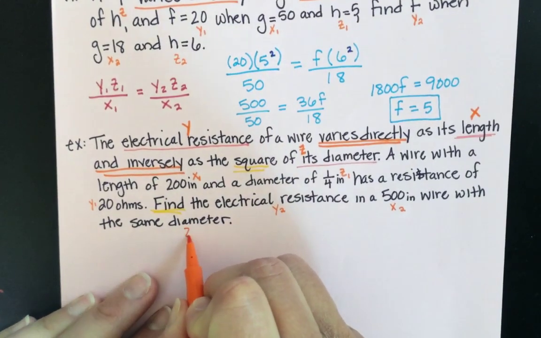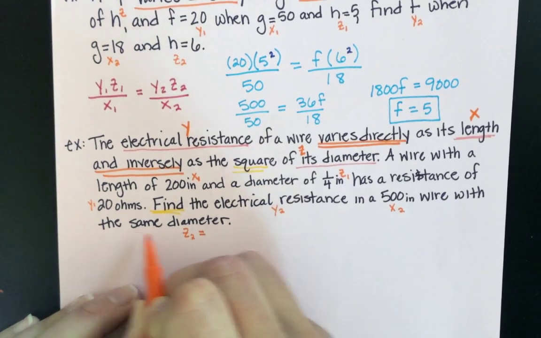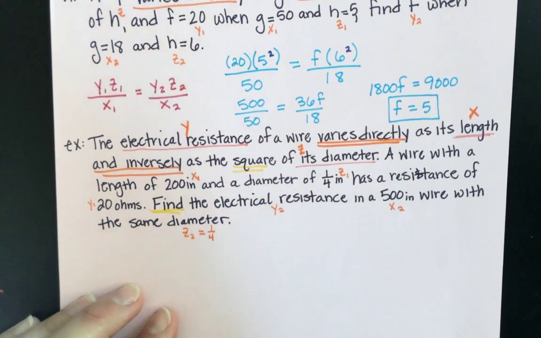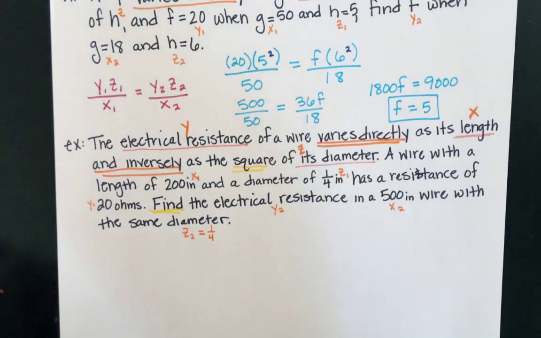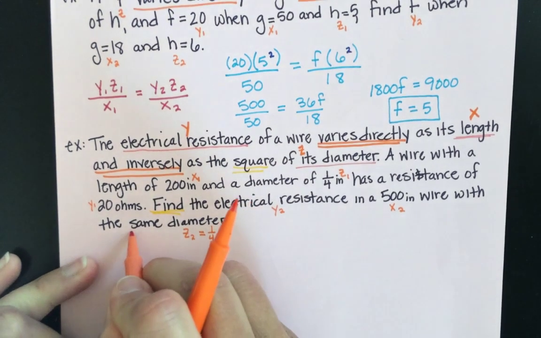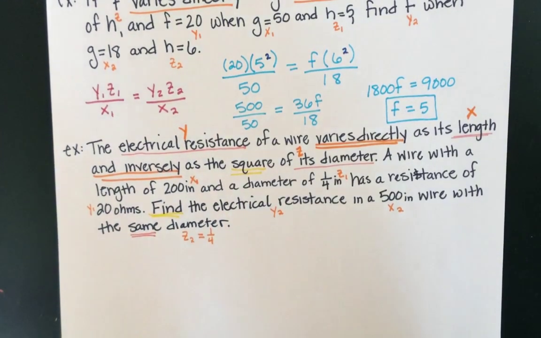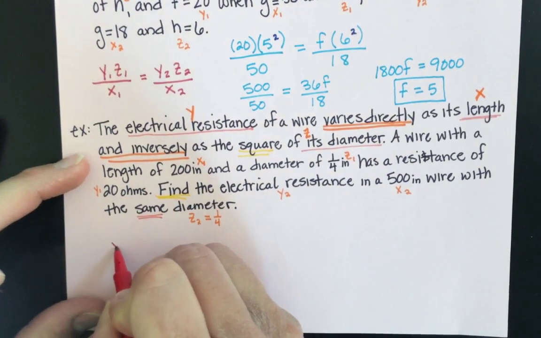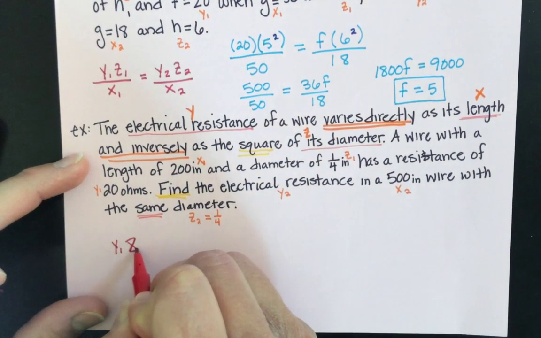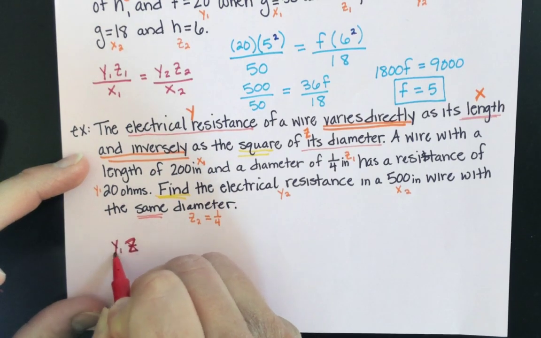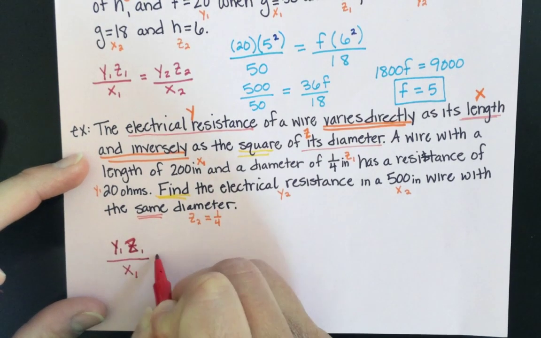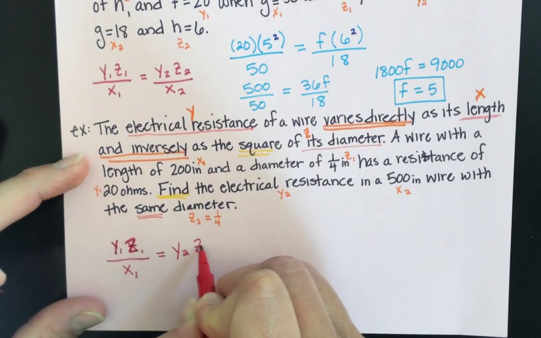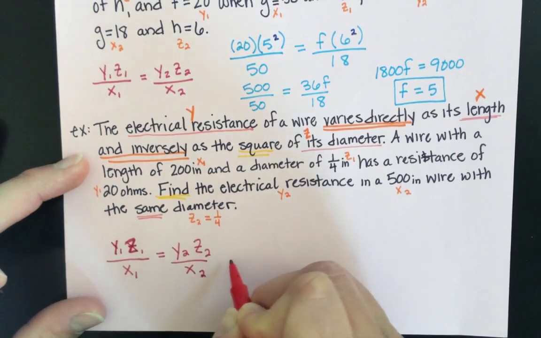Now here is our z2, but I'm going to make sure that when it said same diameter, I use my context clues to know that that's actually a 1/4, that the gauge of the wire is going to be the same. Y1, oops, Z1, X1, Y2, Z2, X2.